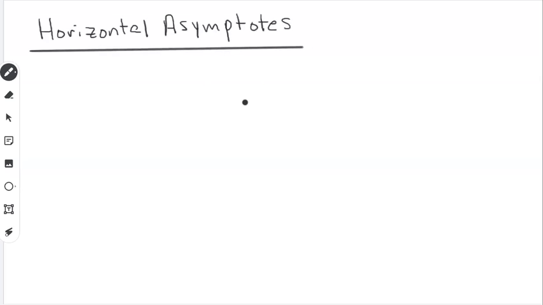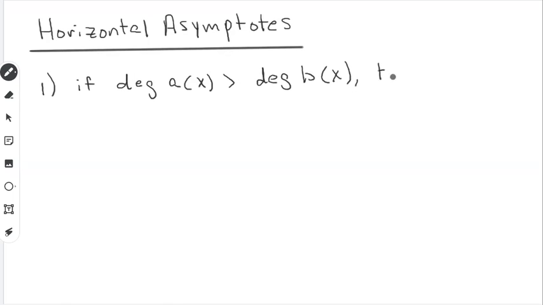Okay. Horizontal asymptotes. Rule number 1. If the degree of a of x is greater than the degree of b of x, there is no horizontal asymptote.